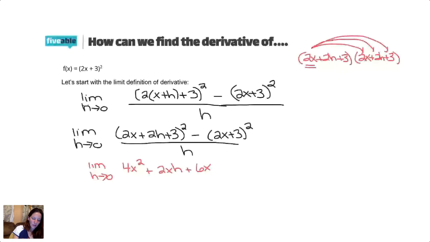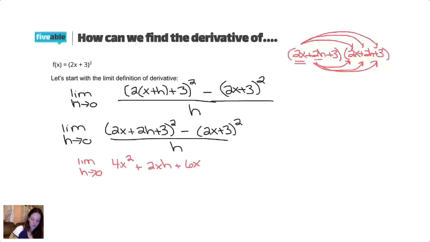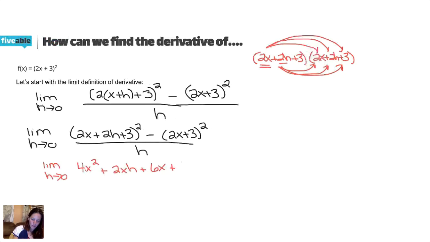And then the next thing we're going to do is take that 2h and distribute it. So that actually gets us 4xh plus 4h squared plus 6h. And then lastly, we're going to take the 3 and distribute it.